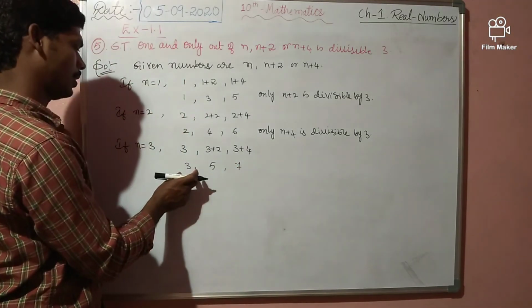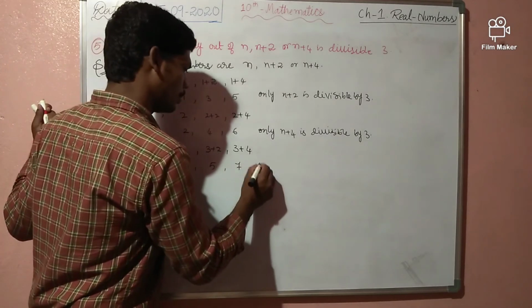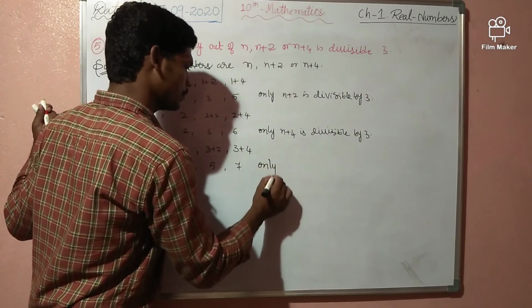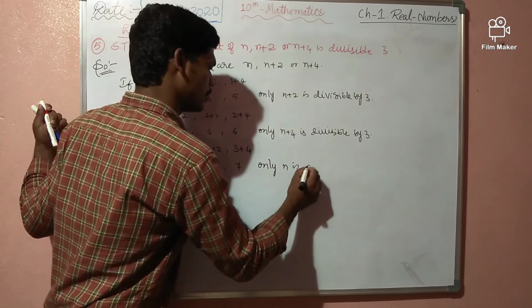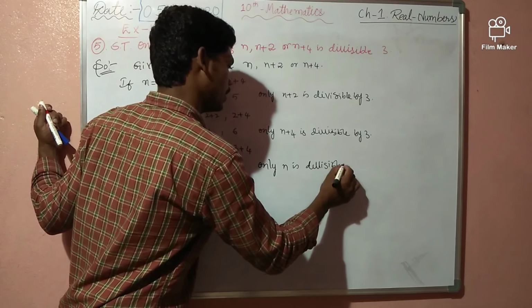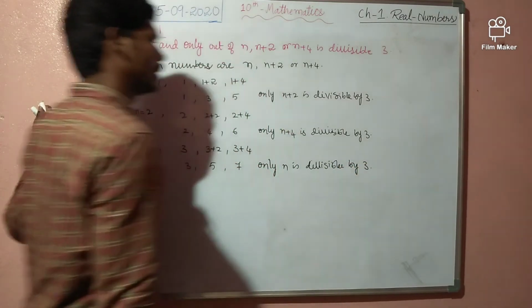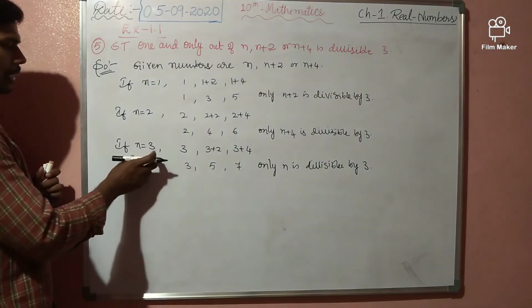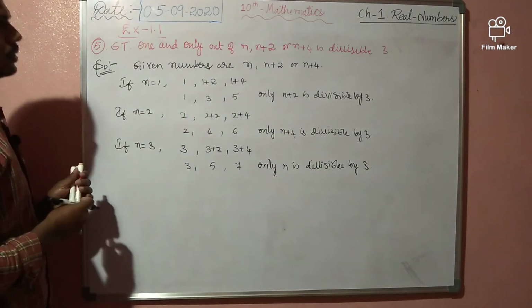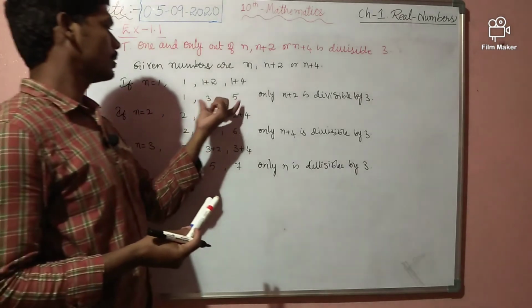So 3 is nothing but the n value. Only n is divisible by 3.